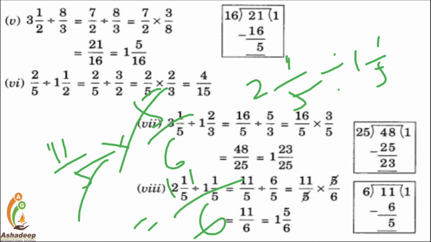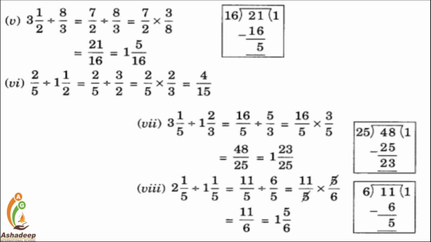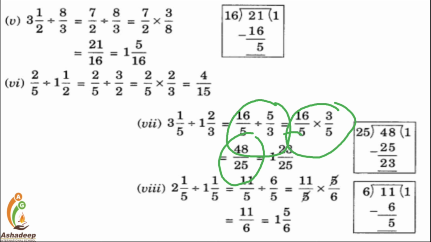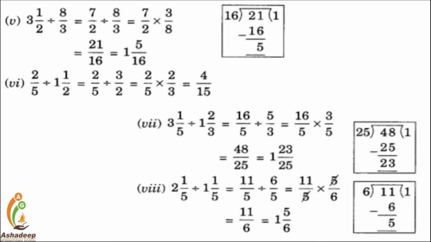First step will be converting the mixed fraction into an improper fraction, then changing the sign and taking the reciprocal of the fraction, then finding the product and then the mixed fraction. How many steps are there? 4 steps are there, so you can easily get the 2 marks. Got it?